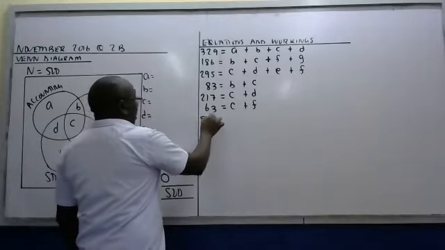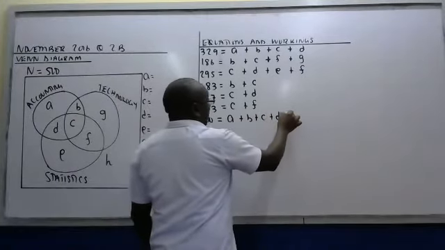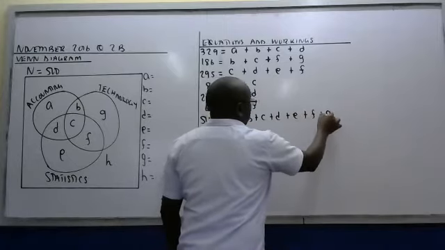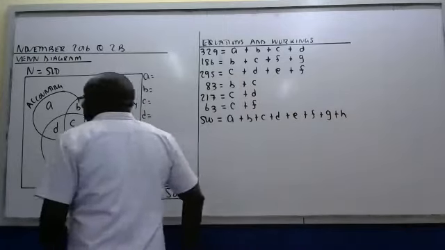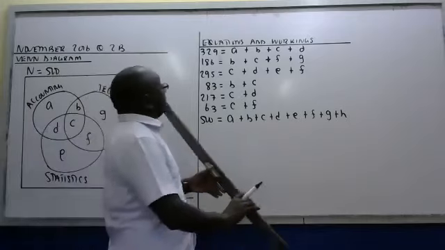So the whole equation should be 500 is equal to A plus B plus C plus D plus E plus F plus G plus H. So we start looking for the components of this.